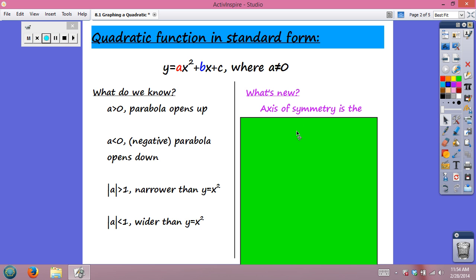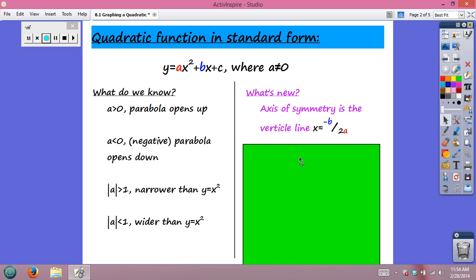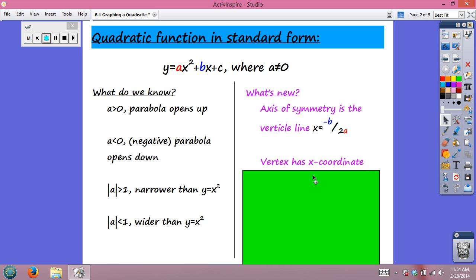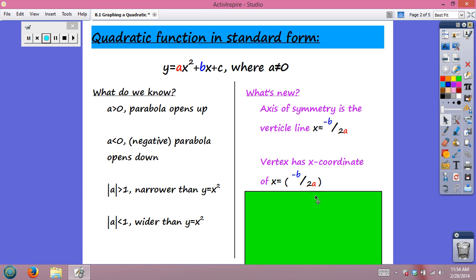So what's new in this lesson is we have a new equation to find our axis of symmetry. And that equation is negative b over 2a. Remember that our equation has to be in standard form before we can plug it into this formula to find the axis of symmetry. The vertex has the x-coordinate of this very same formula, negative b over 2a.